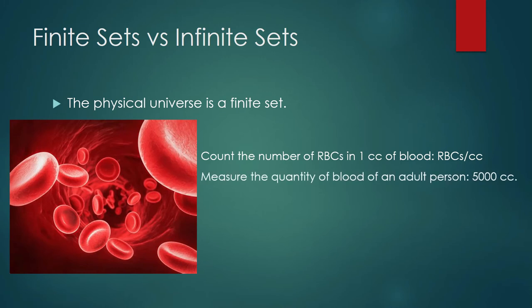So what do we do next? We measure the quantity of blood of an adult person. Science knows the average quantity of blood in an adult person is 5,000 cubic centimeters.